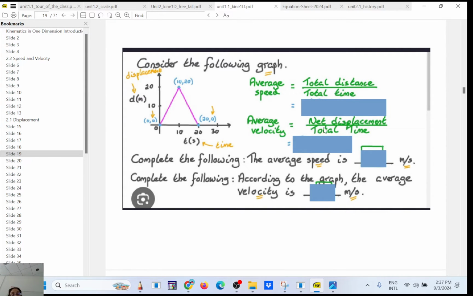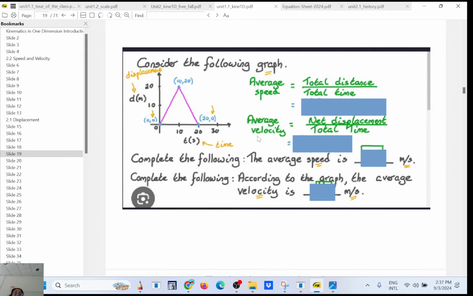So what's the displacement? You go from 0 to 20 back to 0. What's going to be the displacement? 0. So the average velocity will be 0. However, let's find the average speed.